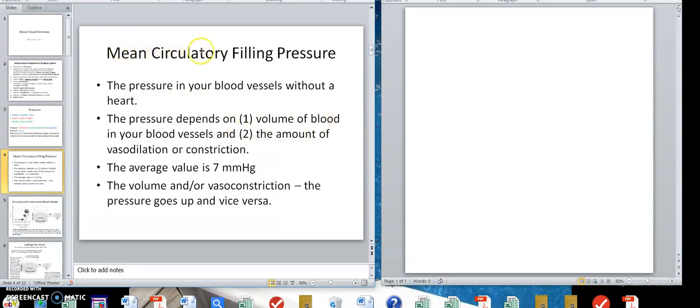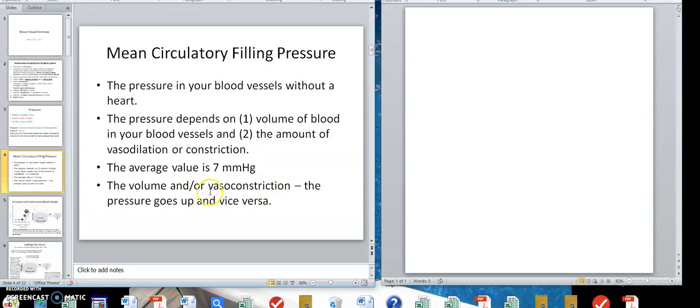Now, the average mean circulatory filling pressure in your body is about 7 millimeters of mercury pressure. If you recall, the average blood volume is about 4 to 6 liters with a median value of 5. So with a median value of 5, you have about 7 millimeters of mercury pressure with average blood vessel diameter. All right?